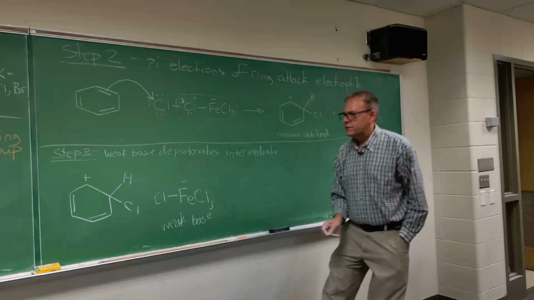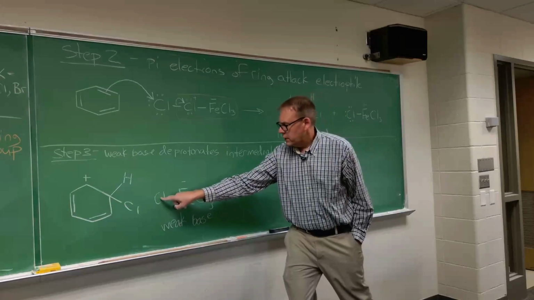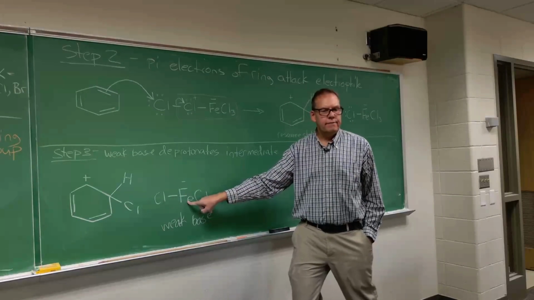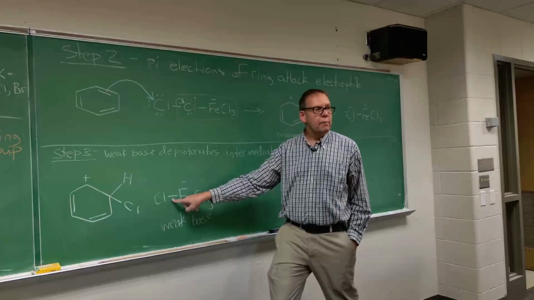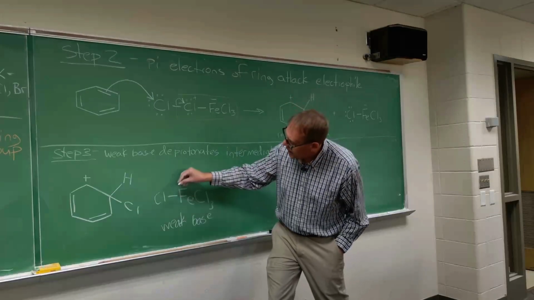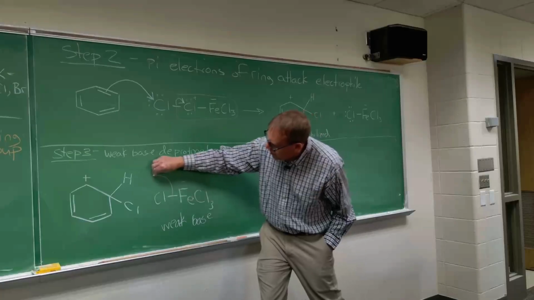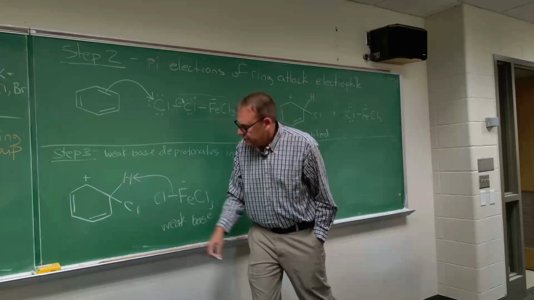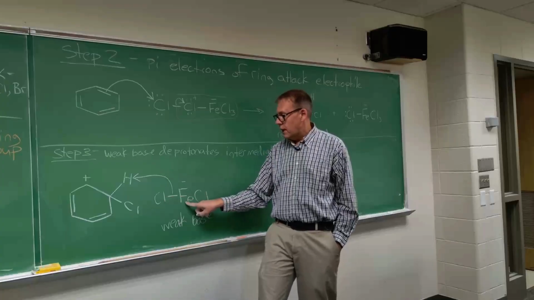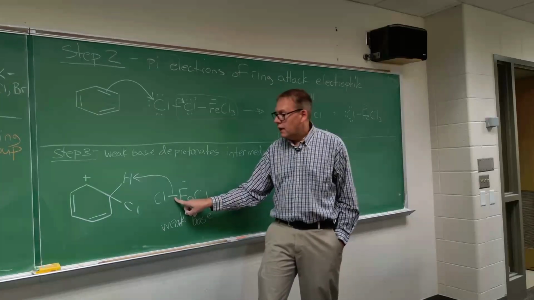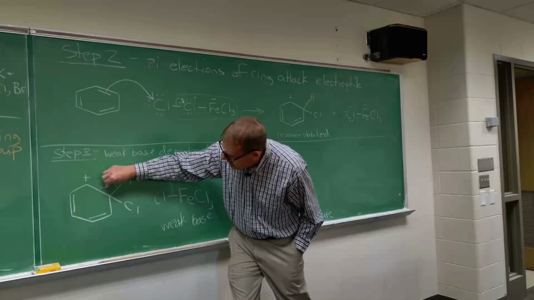And the way it works is that one of the bonds between a chlorine and the iron functions as the base. I'll use this one since I drew that bond in, but if you start an arrow at the electron pair between chlorine and iron, you can show it going to that H to grab it. So effectively this chlorine is going to leave the iron, take that pair of electrons with it, grab that proton, and then the electrons in the carbon-hydrogen bond go into the ring.